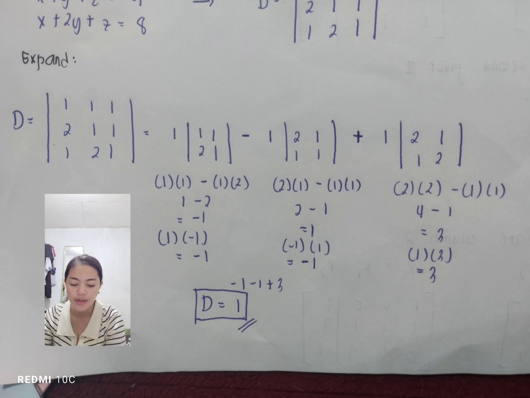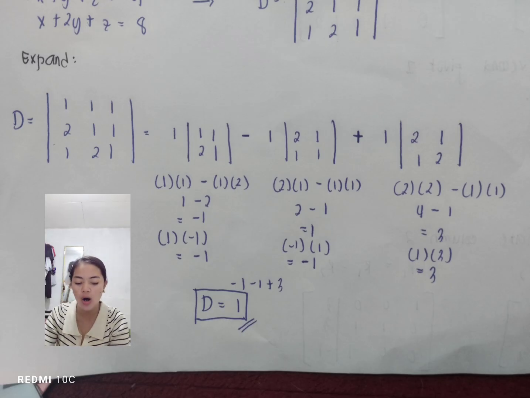So, in eliminating this one, we need to write the C1, 2, okay? So, we need to subtract the 1 into 2, 1, and 1, 1, 1. And after that, we need to use the operation addition. And the same process, we need to use the number 1 and multiply it into the remaining numbers, okay?